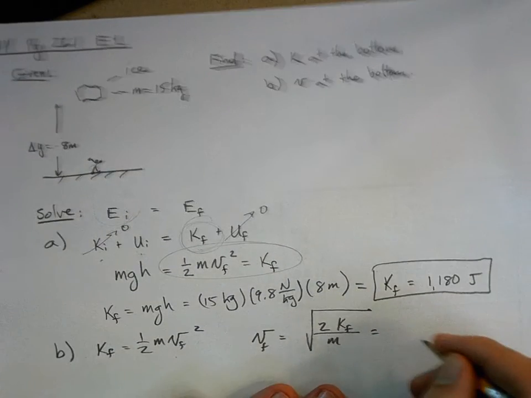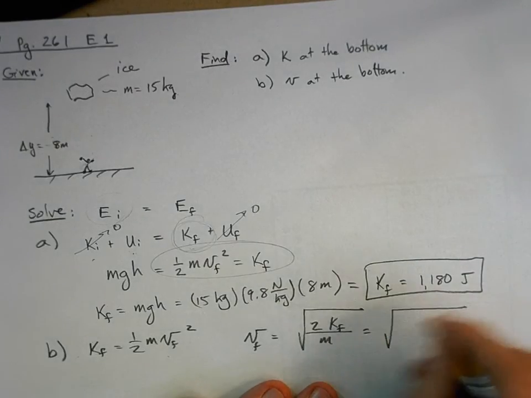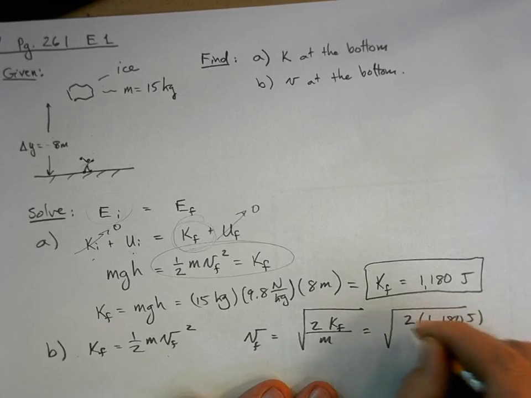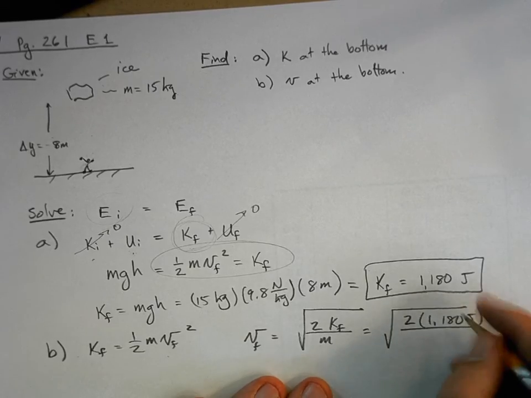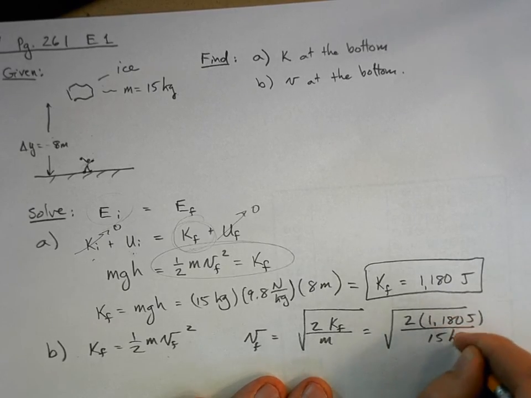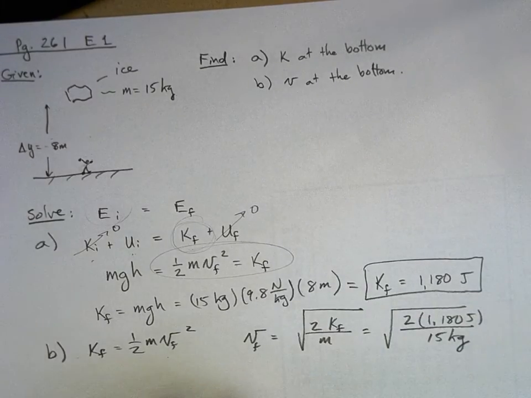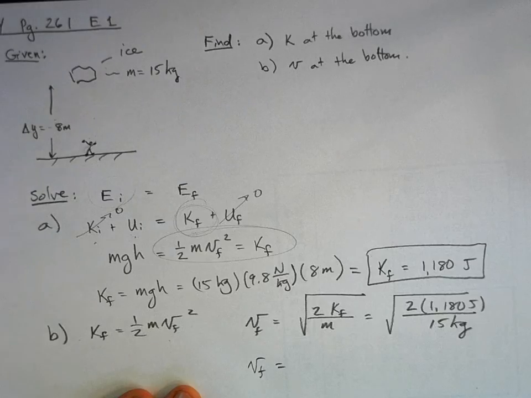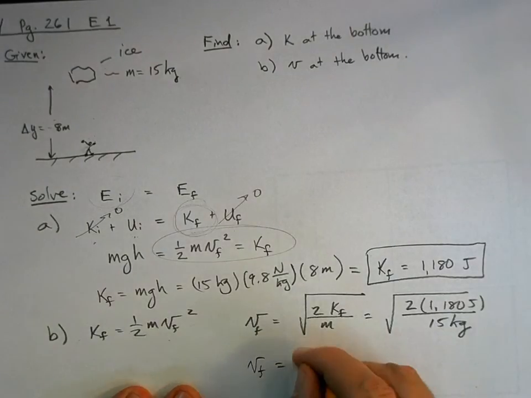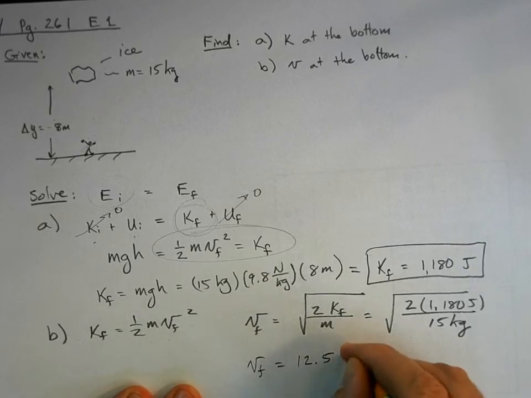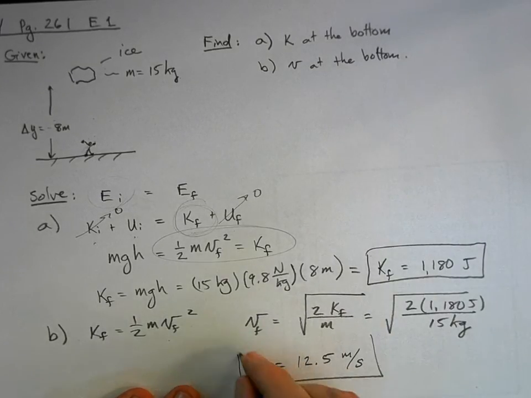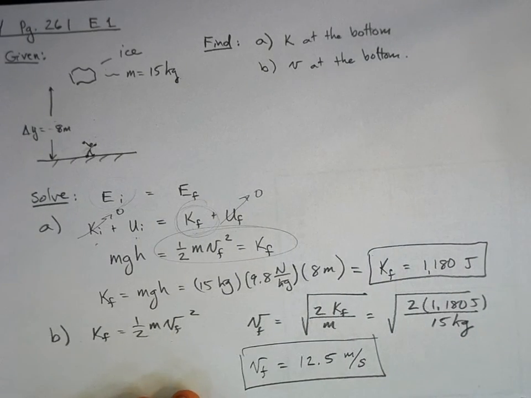So let's plug in our values now. 2 times 1,180 joules divided by the mass, which is 15 kilograms. And you plug all that into your calculator, and you should get 12.5 meters per second. And that's how you solve this problem.